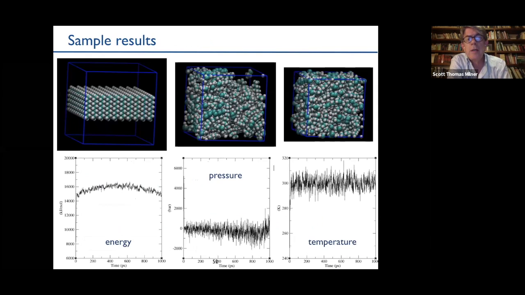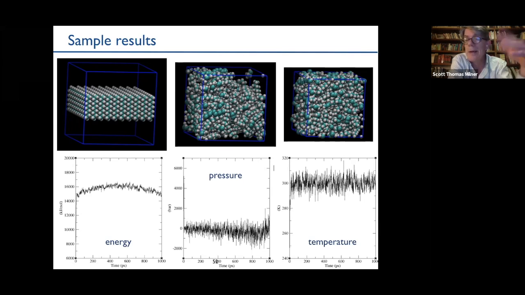When you're done, you'll be able to see, most importantly, that the box gets smaller and the molecules get random, and the energy comes screaming up as the things come together, and the pressure comes down, and the temperature settles down to 300.